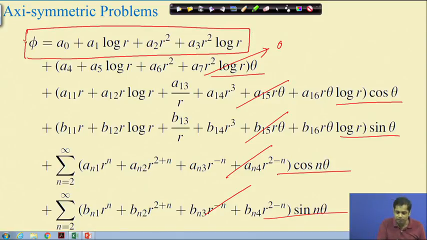Only four constants we have if the problem is axisymmetric. But if the problem is not axisymmetric, then we have to take the theta dependent terms as well.